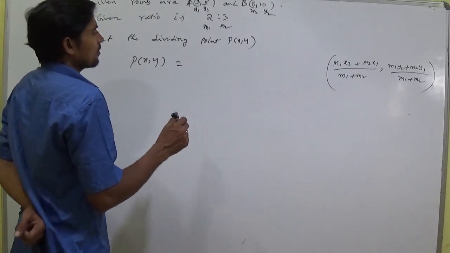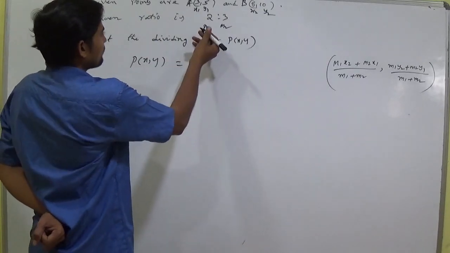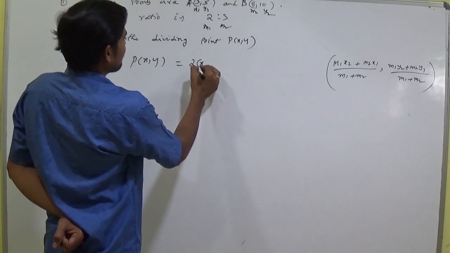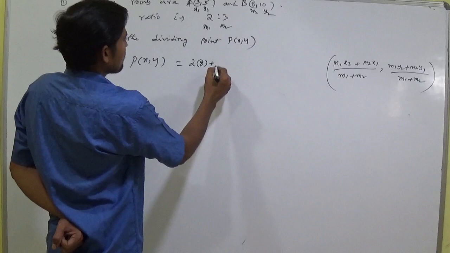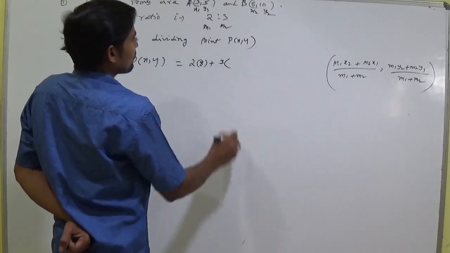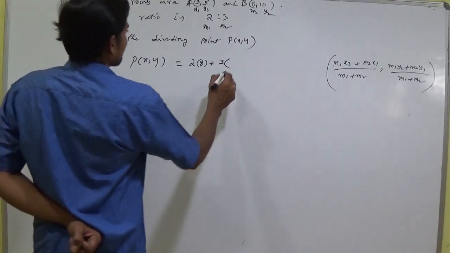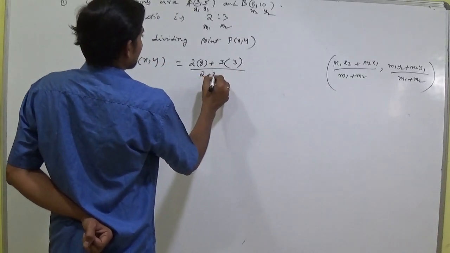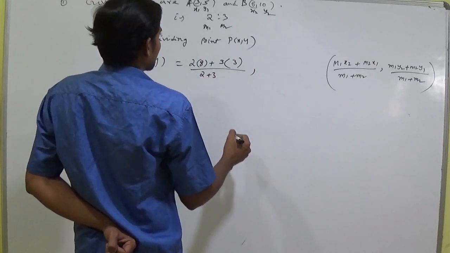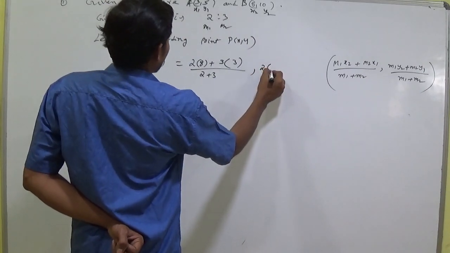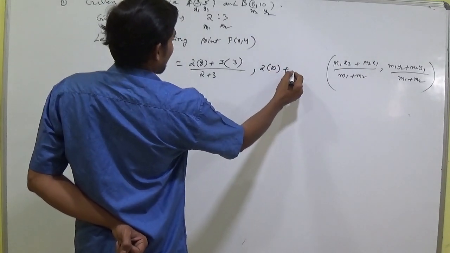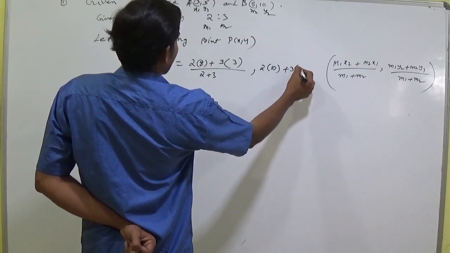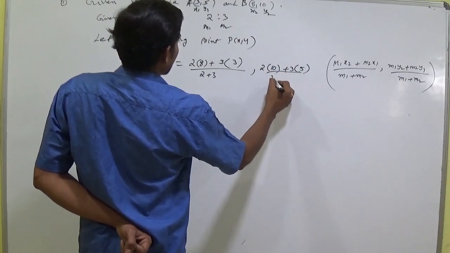So m1 is 2, x2 is 8, m2 is 3, x1 is 3, by 2 plus 3; m1 y2 is 2 times 10 plus m2 y1 is 3 times 5, by 2 plus 3.